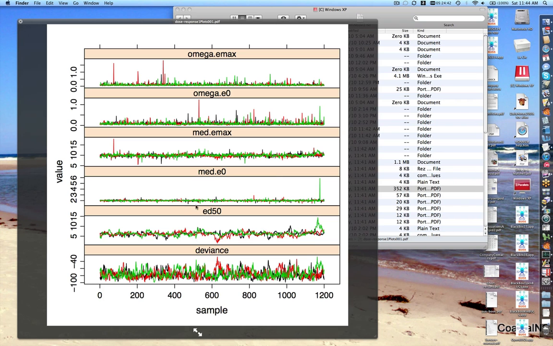E0 looks pretty clean. I'm not sure why all of a sudden it spewed out a sort of extreme value out here, but it's a little hard to tell because of the scale, but I think we're actually in pretty good shape there. Emax, too. Again, it's throwing out a few extreme values, but none of this is particularly worrying me.